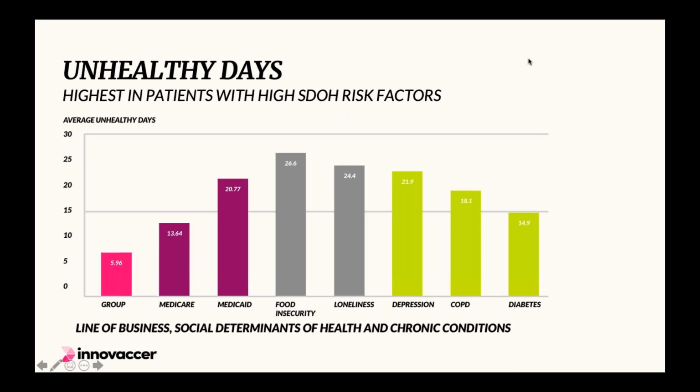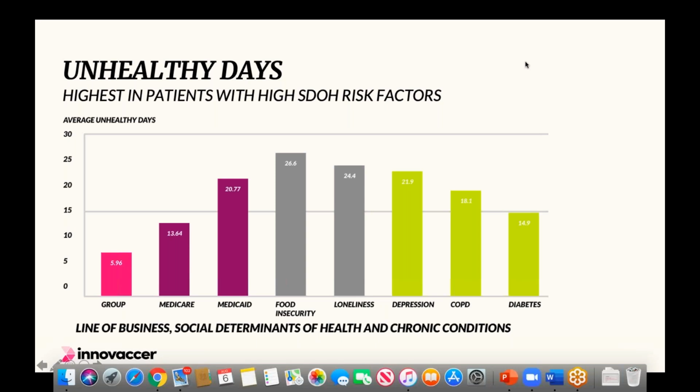Let me put it bluntly: there's a margin to be made by improving the social determinants. These people, when they report fewer days of loneliness or fewer days and a lower scale of depression, they reduce utilization. So this is really great data that's just now being assembled in places like Humana and elsewhere.